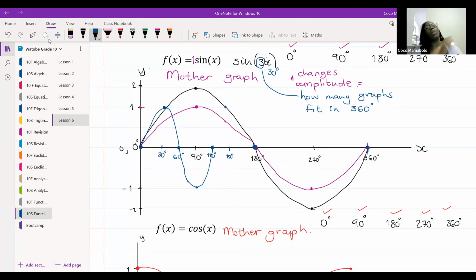So if we want to know what the period of our graph is, remember guys, the period of the mother graph, how long does it take the mother graph to draw? One full graph is 360.